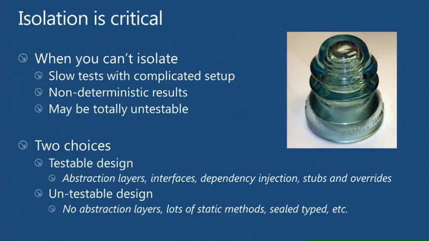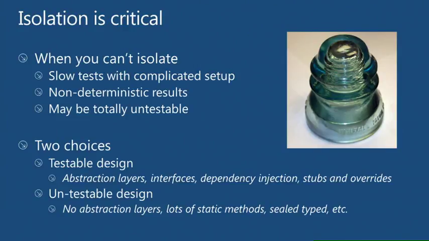And understanding how to do isolation and how to set that up is very important. When we have tests with complicated setup, non-deterministic results, and untestable code, we're going to be in a very difficult situation, and we may not be able to isolate. We may have to come up with other approaches, and I'll be covering some of those.